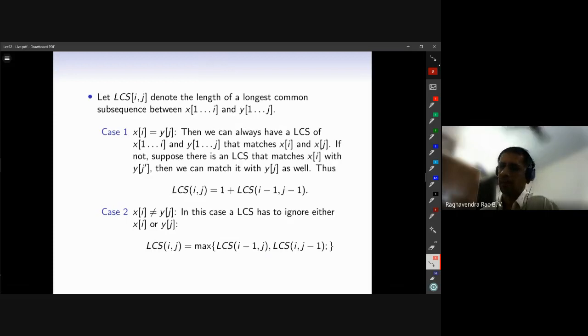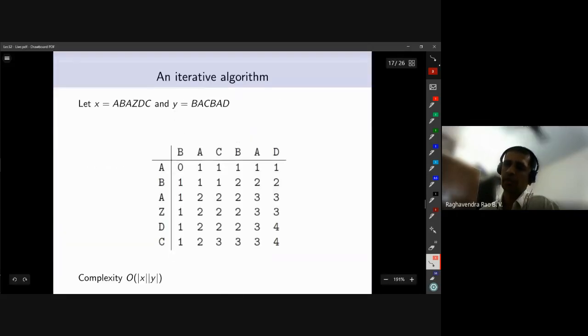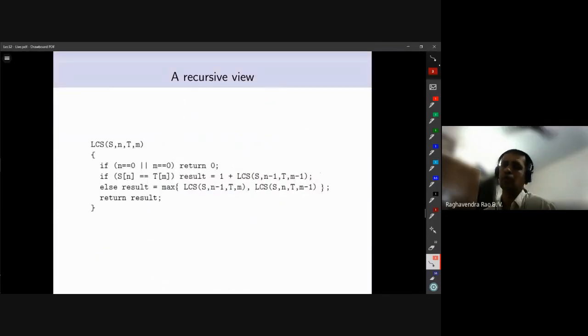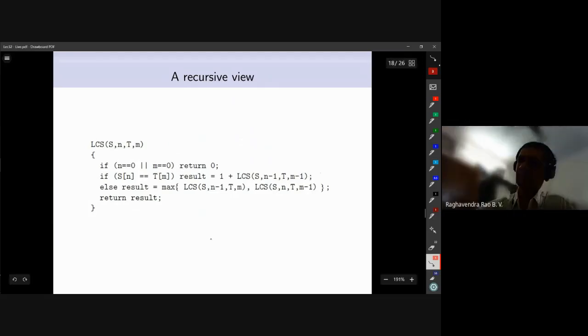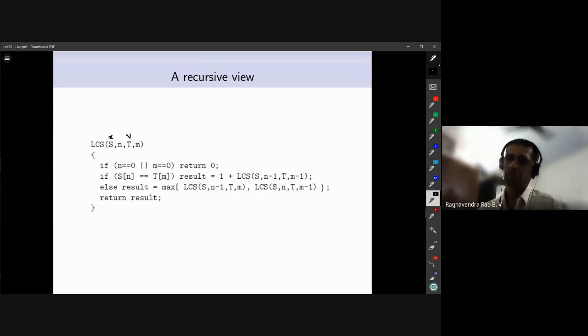So this is also a natural recursive solution. The recursive solution is this. LCS, S is the first string, and X and Y. I just copied the algorithm from the notes, so the notation is from the notes.